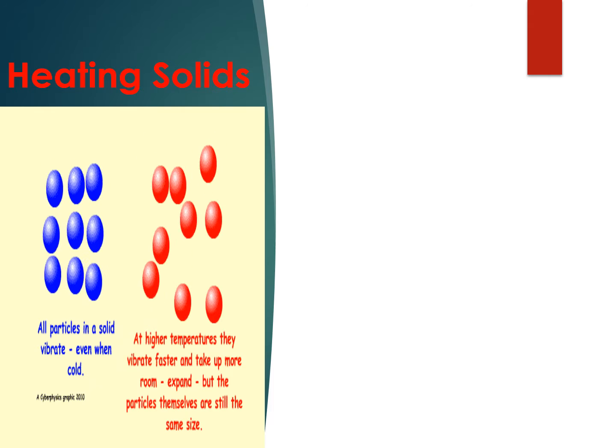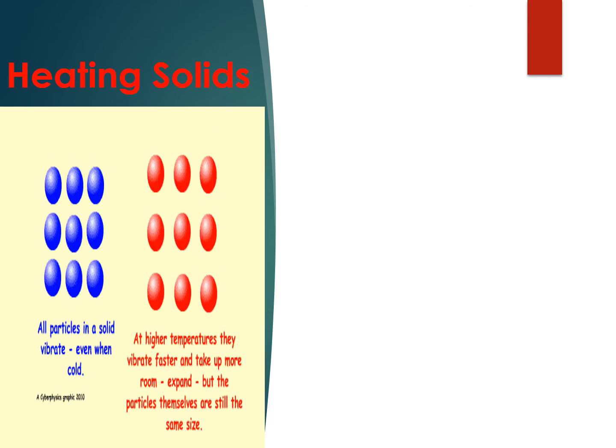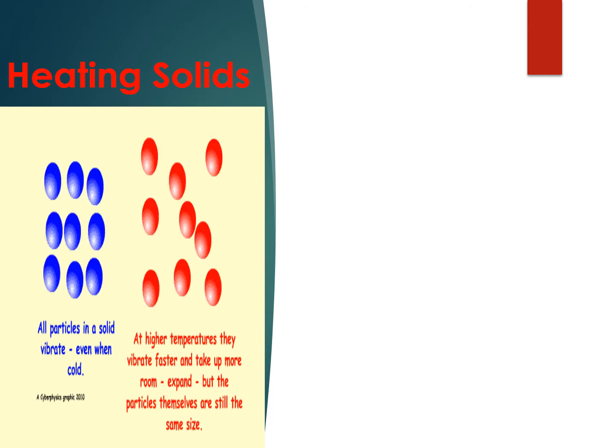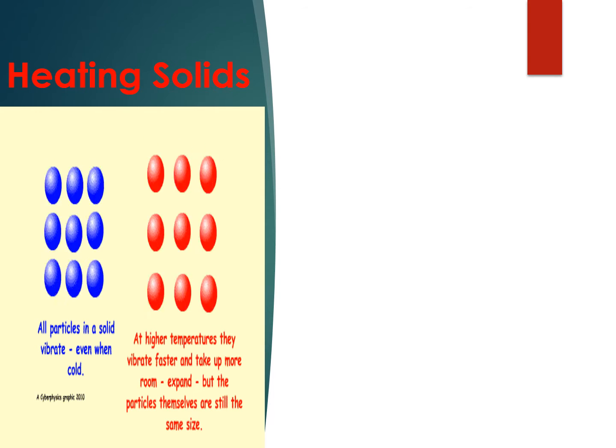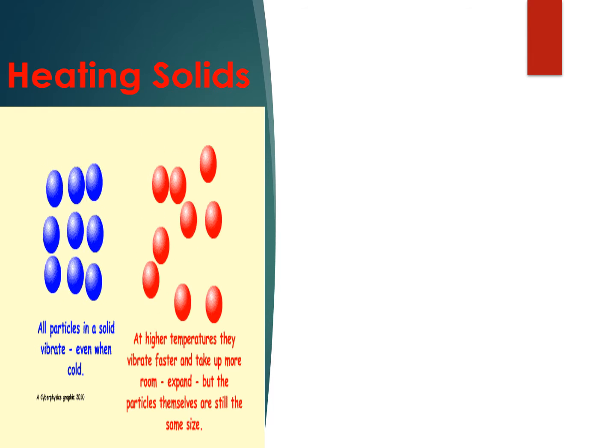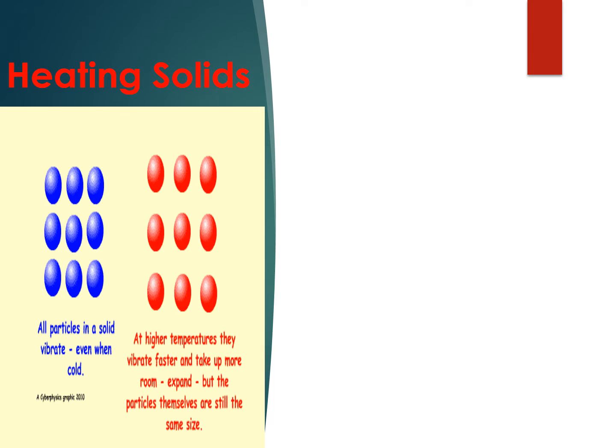What happens when we are heating solids? As you can see in this picture, the first one shows particles of solid. The movement of particles is a vibrating movement around their center.